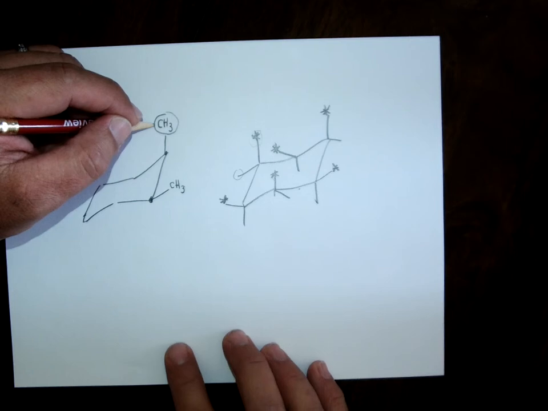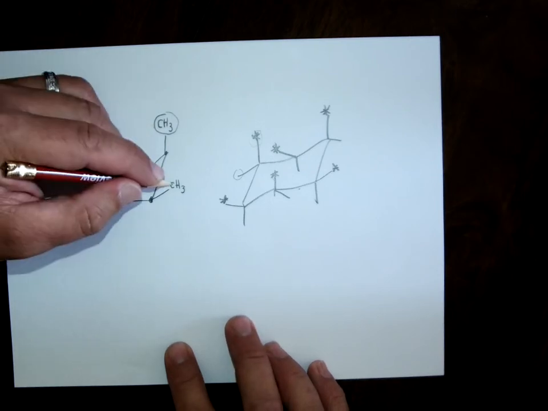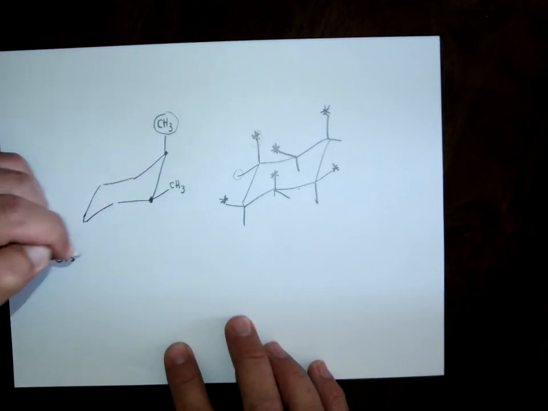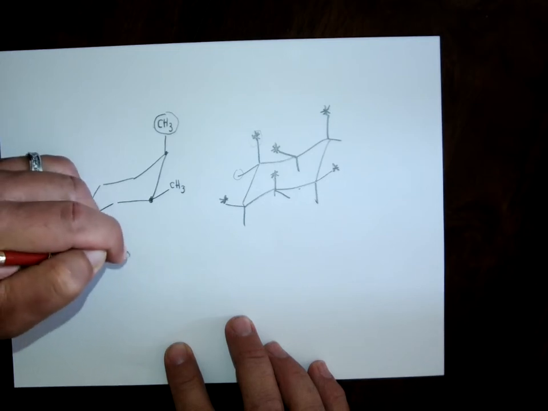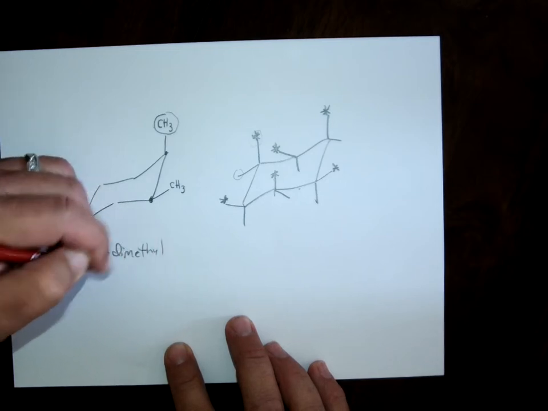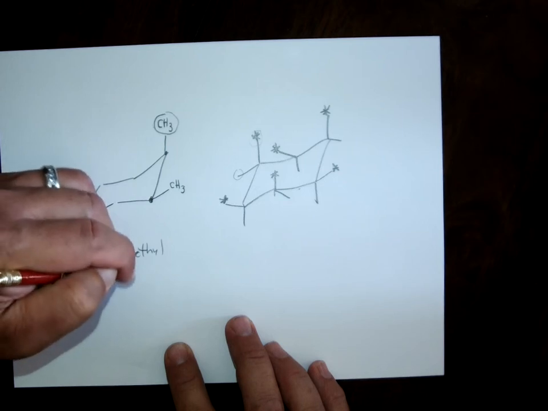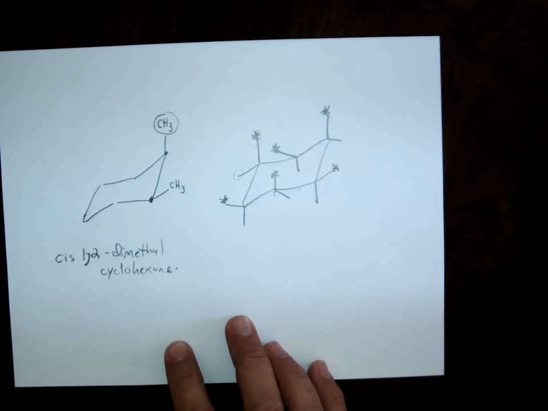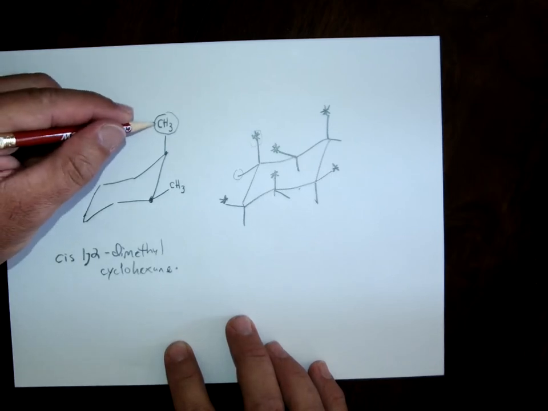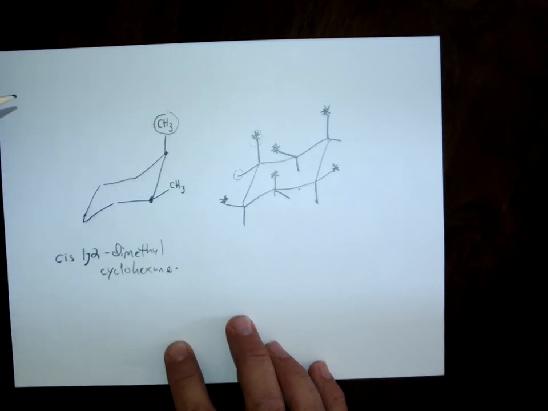So if you wanted these two methyl groups to be cis 1,2-dimethyl cyclohexane, then you've got to have one axial and one equatorial.